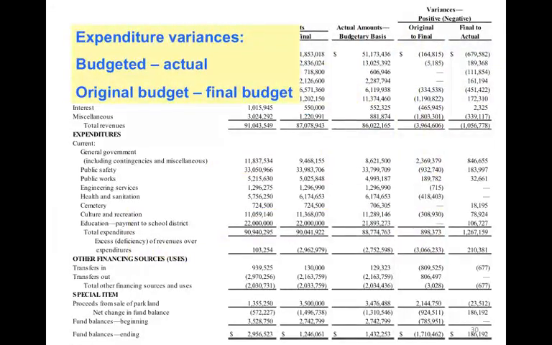Now with expenditures, you're flipping the equation around. Now you're subtracting the more recent number from the earlier number. So budgeted minus actual, original budget minus the final budget.